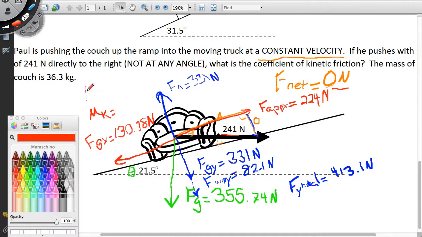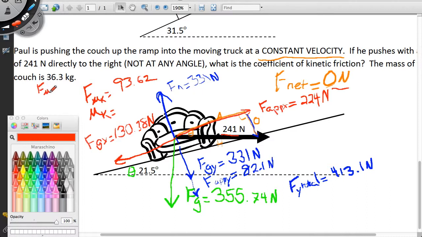So I'll say my force of kinetic friction is the difference between the two. When I find the difference, I get a kinetic friction that must exist of 93.62.